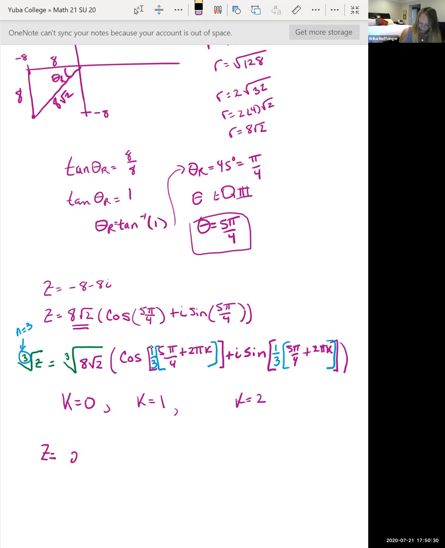So we have 2, and then we'll have the cubed root of the square root of 2. We'll fix that later. So cosine, when k is 0, that makes 2 pi k go to 0, and then we would have 1/3 times 5 pi fourths. If we have 1/3 times 5 pi fourths, that gives us 5 pi 12ths.